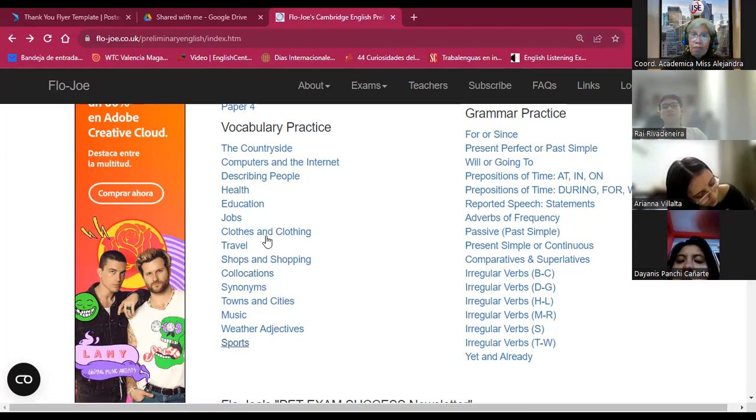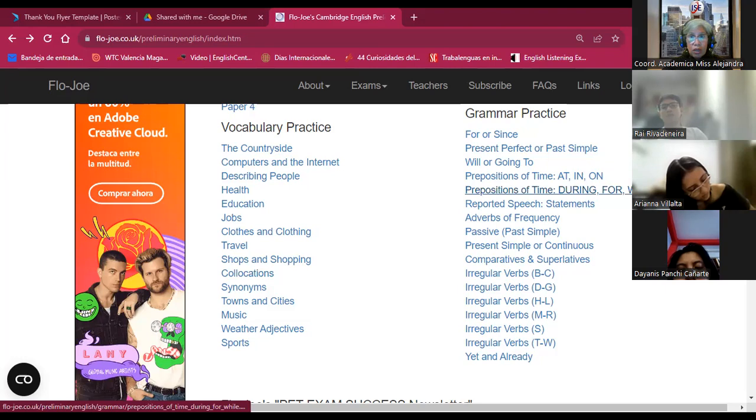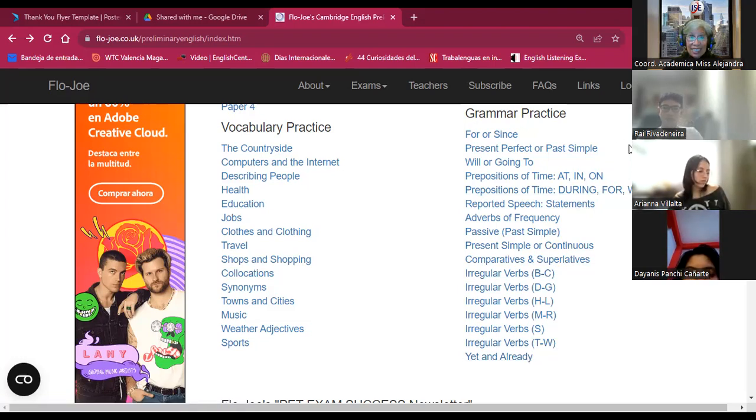And you have the grammar part. For, since, present perfect, prepositions at, in, on, prepositions of time: during, for, and while, which are new. Reported speech, frequency, passive in past, present simple or continuous, the differences and how to use them, comparatives and superlatives, all the irregular verbs, and the use of yet and already. This is only the basics.